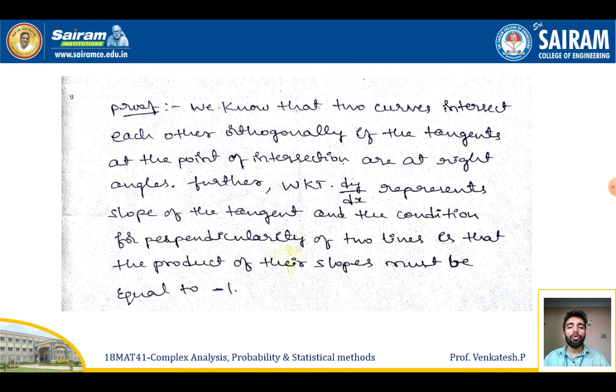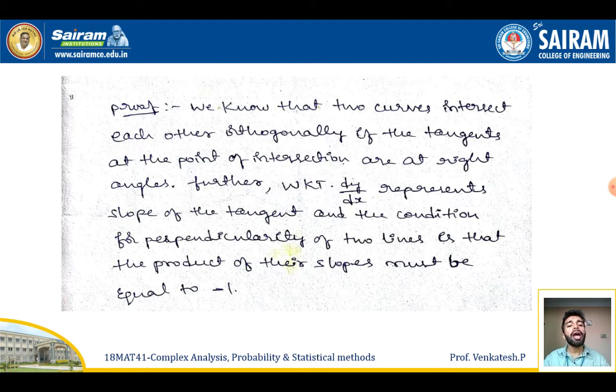Proof: we know that two curves intersect each other orthogonally if the tangents at the points of intersection are at right angles. Then only we can say the two curves will be intersecting orthogonally. Further, to prove this, we must have the slope formula.